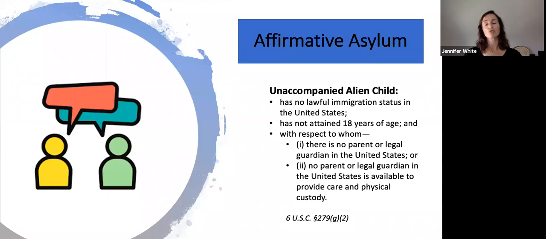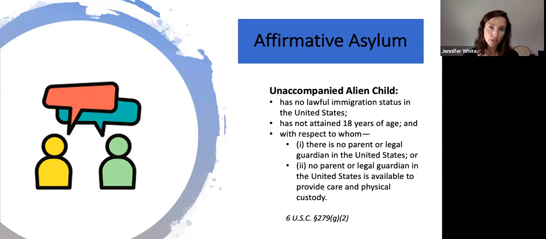I'm flagging this for you because I represented a number of kids who crossed the southern border. They were detained and they were released. And all throughout that time, they didn't have parents with them. So they were very clearly UACs, right? But the government still put them into removal proceedings, even though, like I just mentioned, the asylum office actually has jurisdiction over their claims.